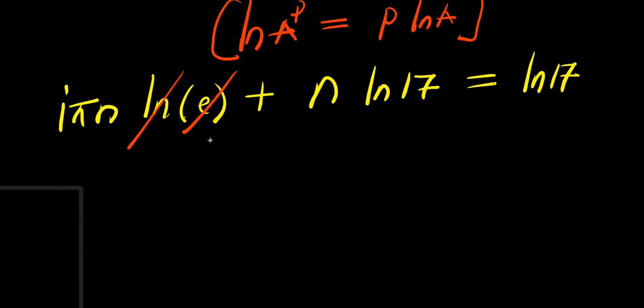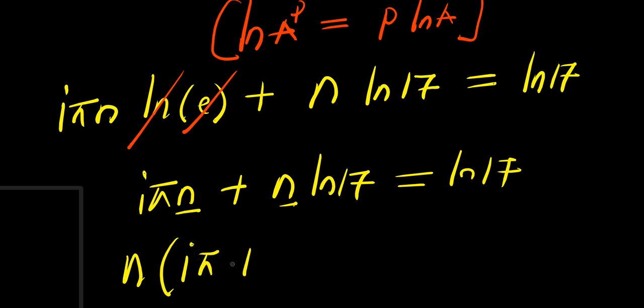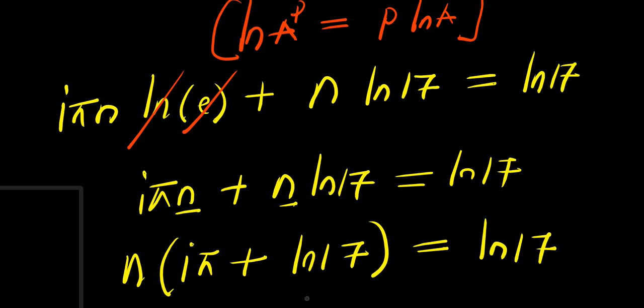Natural log of e eliminates each other. What I have left is i times pi n plus n natural log 17 equals natural log 17. And we factor out that n. Dividing, we have i pi plus natural log 17, and this equals natural log 17.